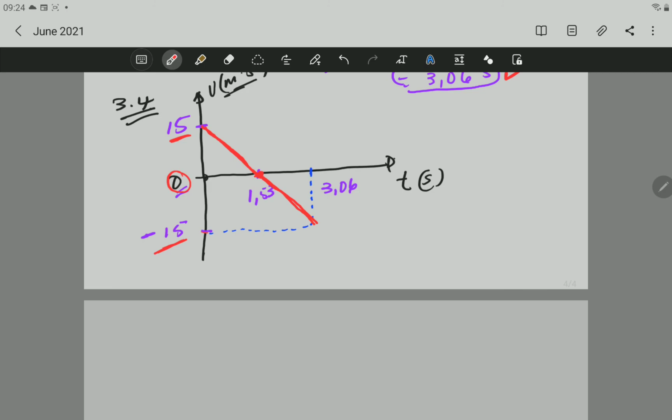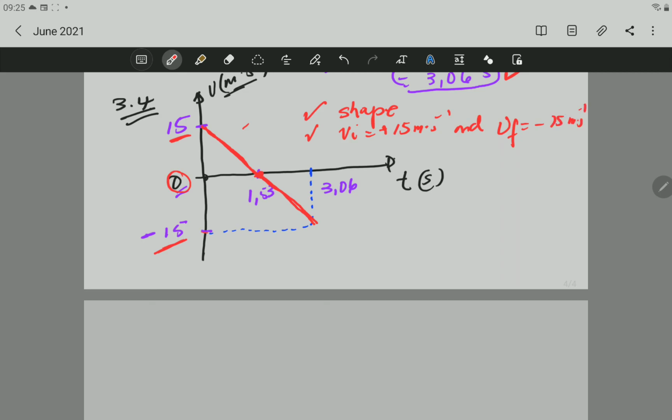What is the total time taken to do that? 3,06. Now, the mark allocation here: 1 mark for the shape. Shape means it must be a straight line, as it is there. 1 mark for showing in the graph that the initial velocity is equal to positive 15 meters per second and the final velocity is equal to negative 15 meters per second.